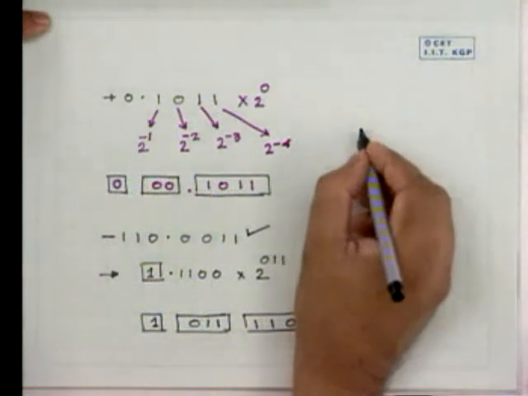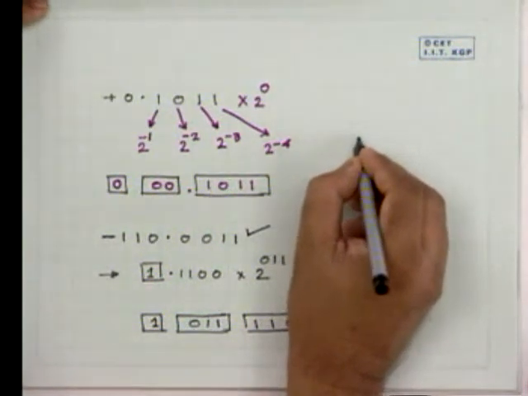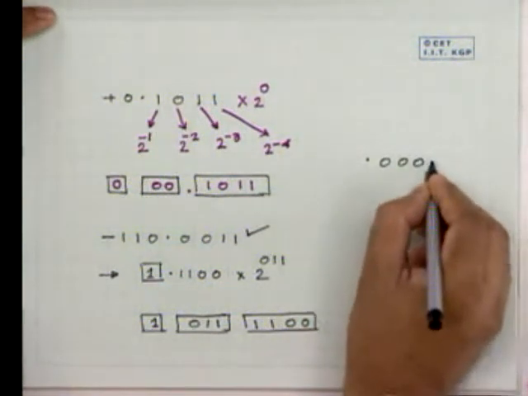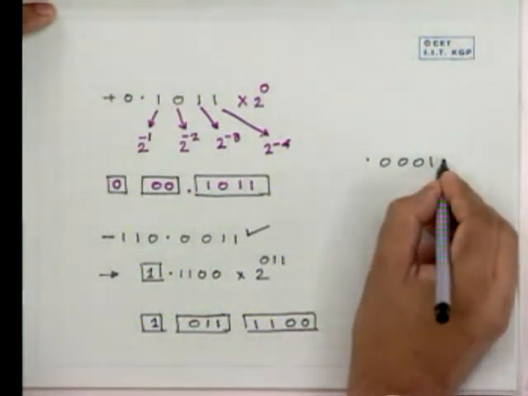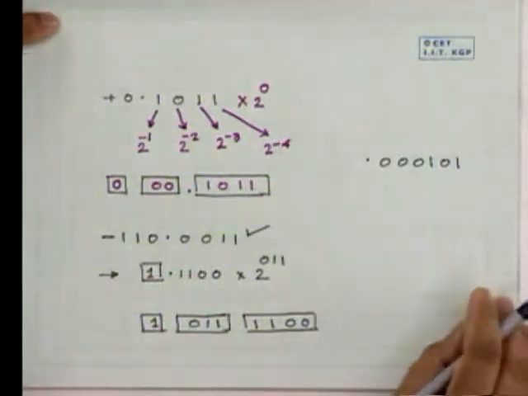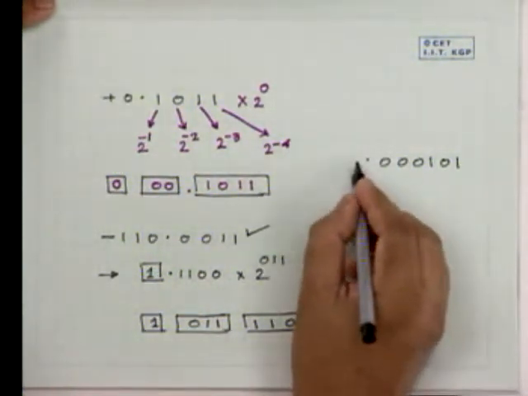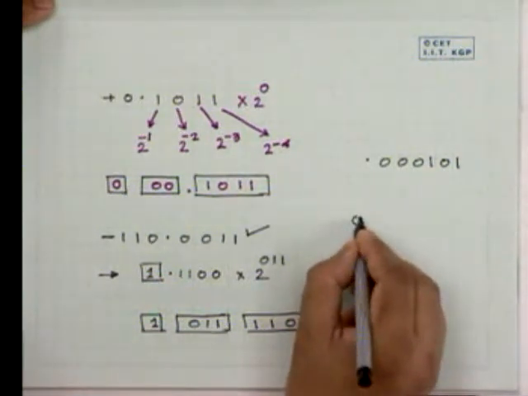Similarly, we can have a number, for example 0.000101. The floating point representation of this number will be, since this is a positive number, the sign is 0.